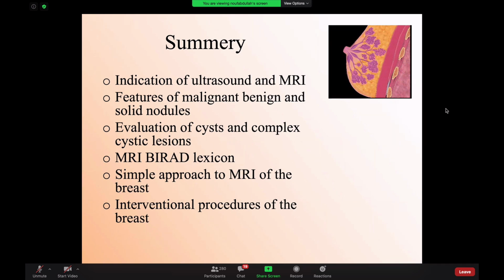Your next step, if you're suspicious, you would go ahead and biopsy that area with mammogram. But you have another option. You can call it a bi-rads 0. You go ahead and do an MRI, because that area could represent an area of asymmetric fibroglandular tissue. So generally speaking, I would be very conservative using bi-rads 0 after ultrasound and MRI. You should be able to give a final bi-rads after ultrasound and MRI.